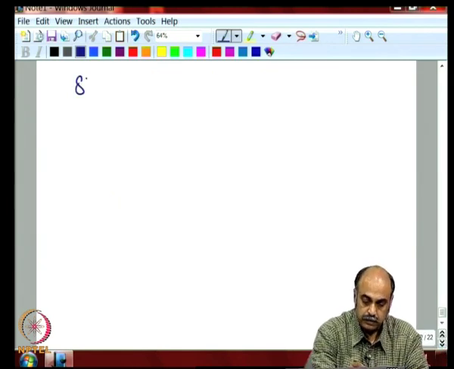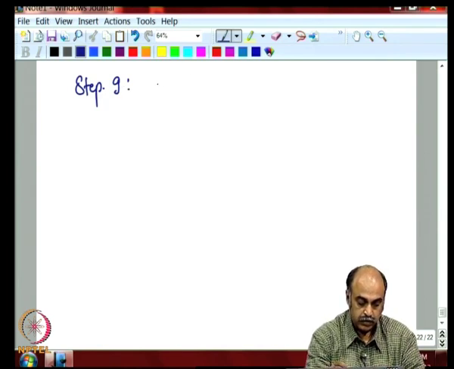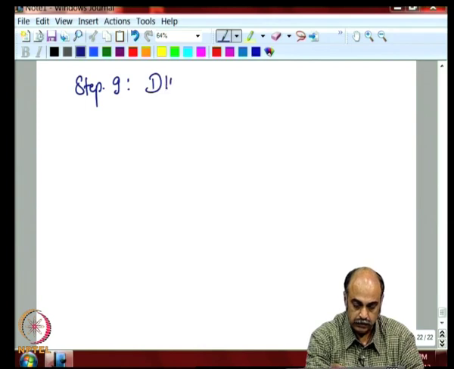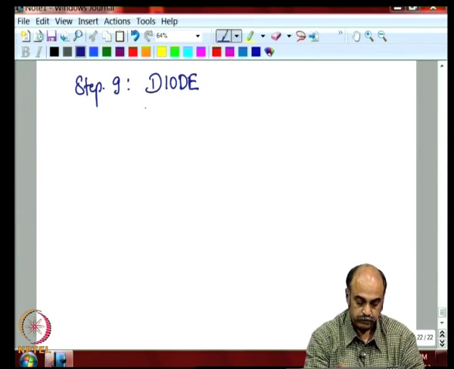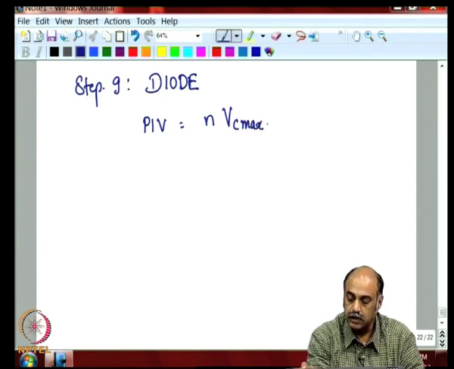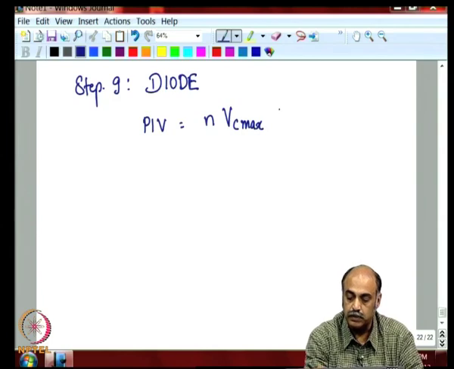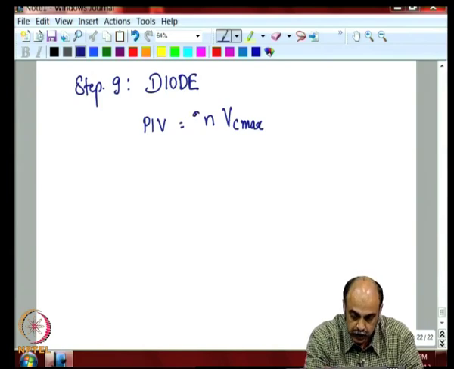And then you have the step 9, the switches, actually the power switch and the diodes. So, let us say you have the diodes first. Now, the secondary diodes will have to have a peak inverse voltage of N times Vc max. Vc max is the maximum that can ever occur across the primary of the full bridge transformer, and N times Vc max is coming across the secondary of each of the center tapped winding, and therefore, 2 times.